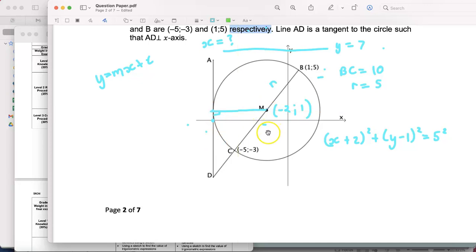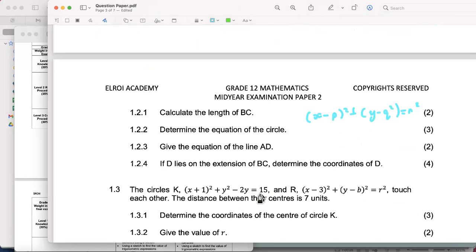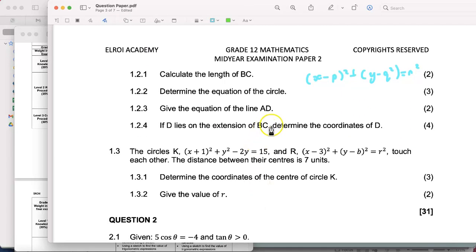I also know that this length here, from here to there, is a radius. So I know the radius is 5, which is almost superfluous to see. Well, that means x is equal to -7. I don't know how else to say that. Maths is that simple. It really is.